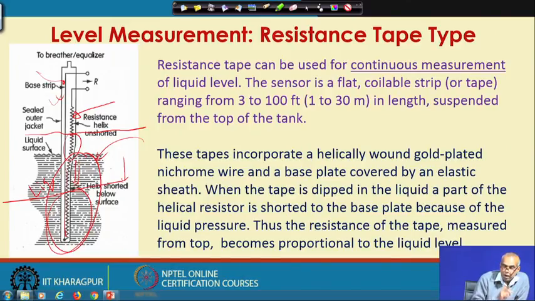So, the part that is shorted to the base plate will depend on the pressure that the liquid is applying on this resistance helix, and the pressure will depend on the level of the liquid. So, it is now possible to find out the level of the liquid by measuring the change in resistance of this device.